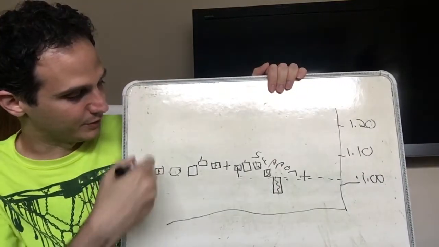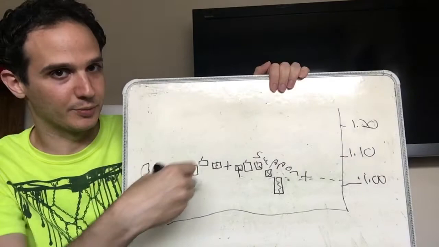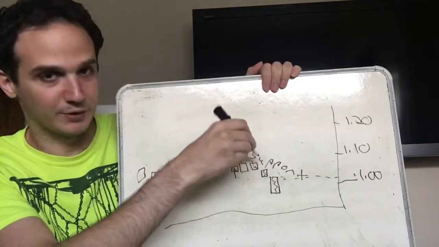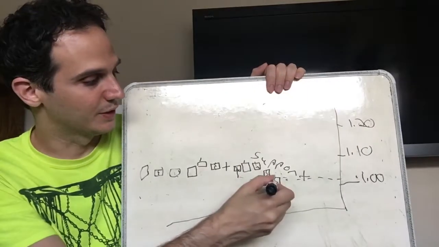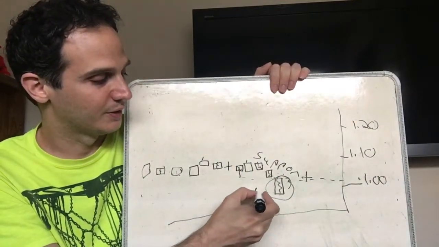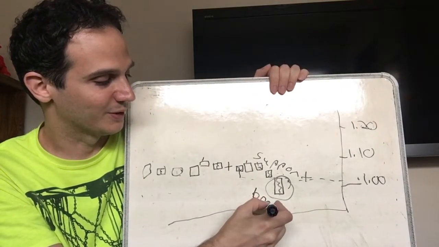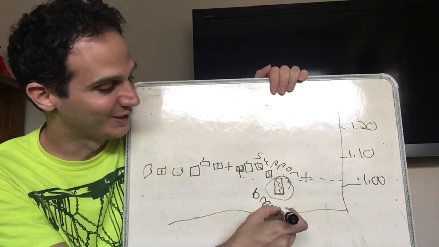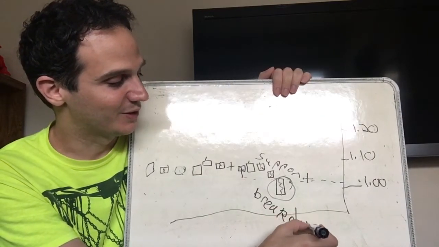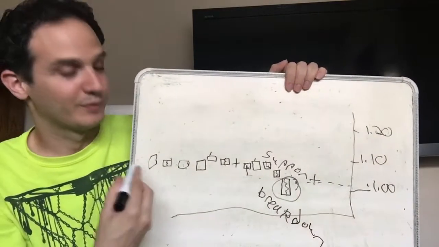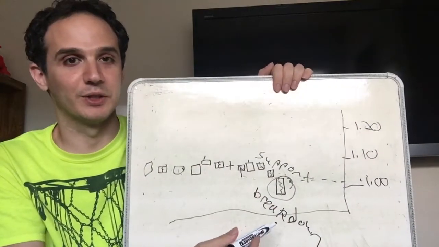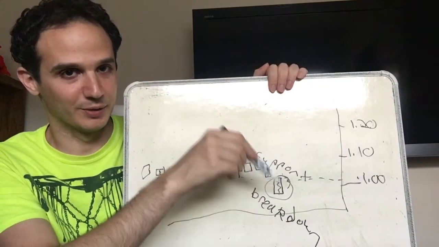So let's say if support was forming and there were multiple red to green moves, and then the support broke, this would be a breakdown. So, okay, break down. It's hard to write like this. Okay, so a breakdown is when a support level breaks.